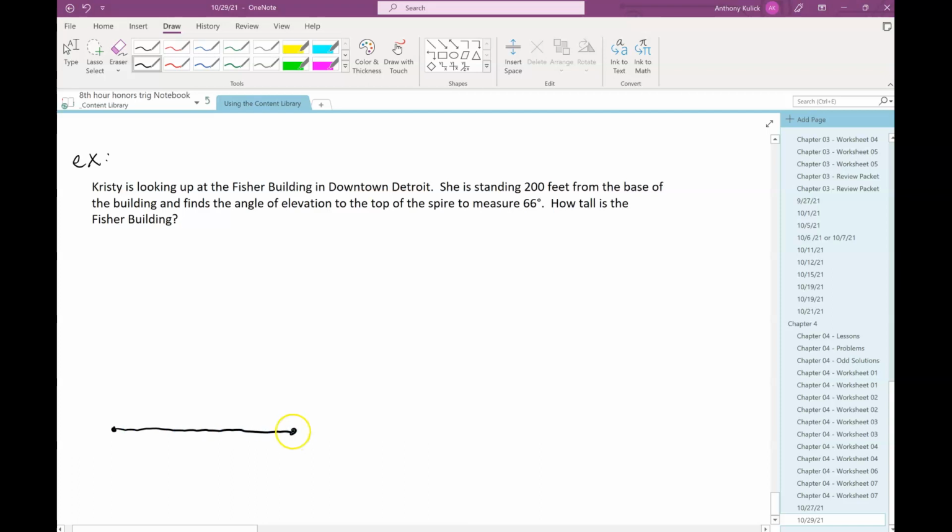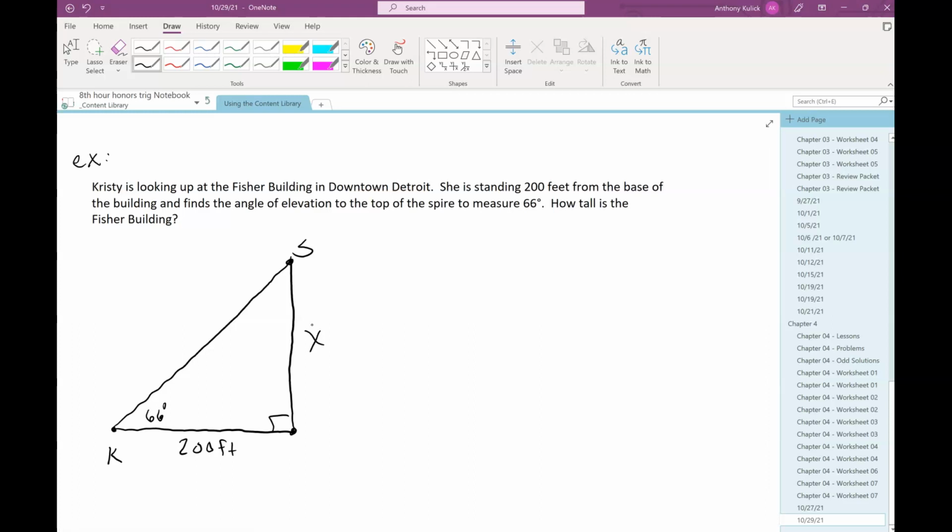So I'm going to just draw this picture as if it's a triangle. So there's Christy, there's the top of the spire. It says it's 200 feet away, and the angle of elevation is 66, so that's that angle there. And we're interested in how tall this building is. So that'll be my X. Everybody cool with that? How am I going to solve for X here?